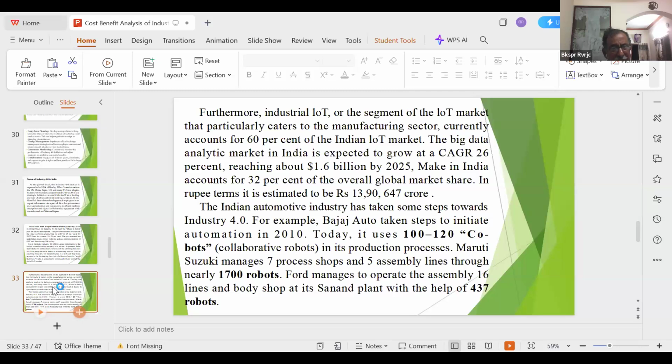Maruti Suzuki manages 7 process shops and 5 assembly lines through nearly 1,700 robots. Ford operates 16 assembly lines and a body shop at its Sanand plant with the help of 437 robots.